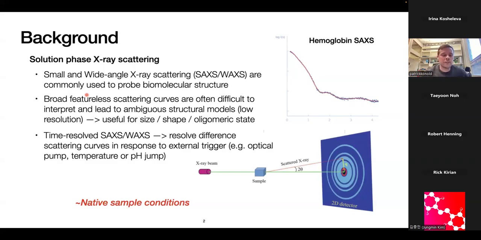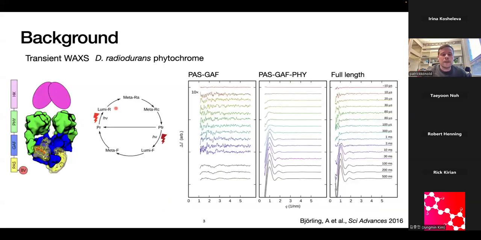You can study systems in their native buffer, as opposed to crystallography, where the samples are confined into a rigid structure, or cryo-EM, where you rely on freezing the sample, which has its own potential obstacles.